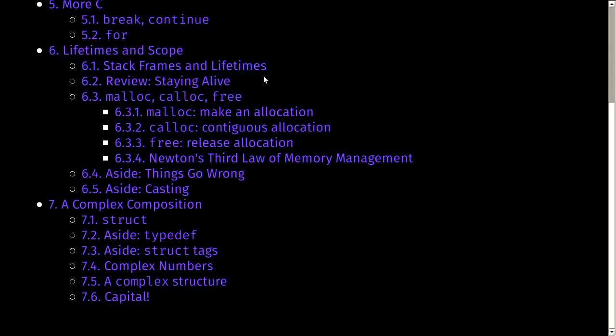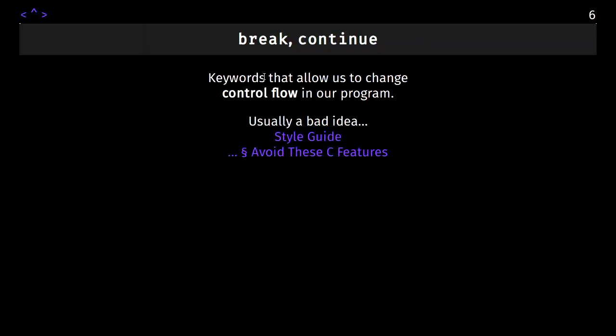Now, yesterday we saw global and static variables are both strongly discouraged. And here's some more stuff that we strongly discourage, including the keywords break and continue.